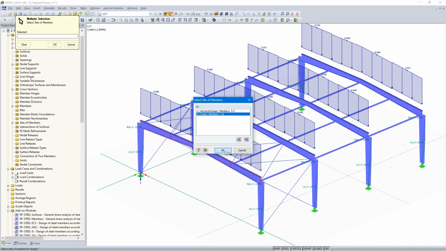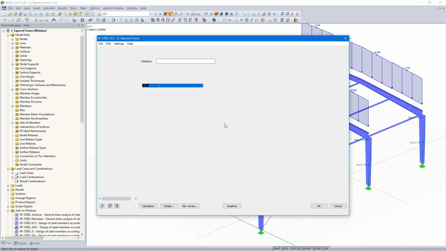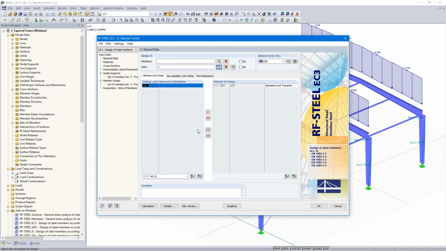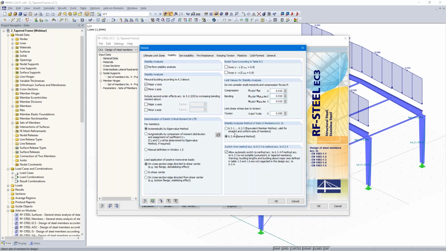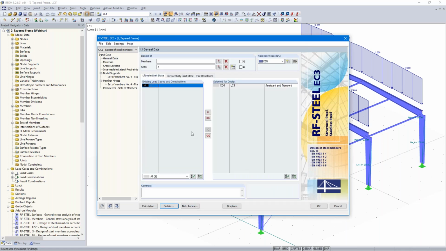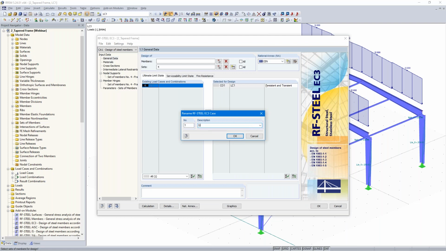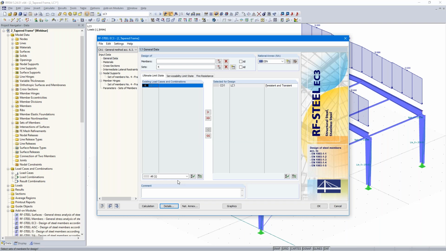So again, okay. In the detail settings, plastic design as well, and we apply the general method. I rename the case: General method according to 6.3.4. Okay.